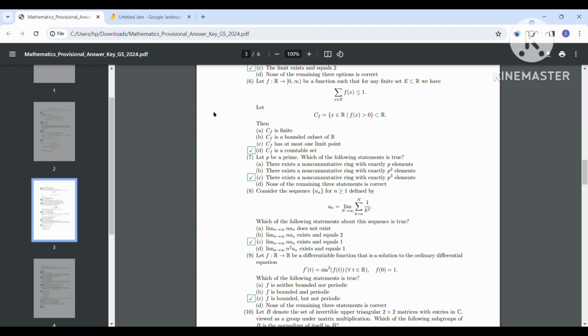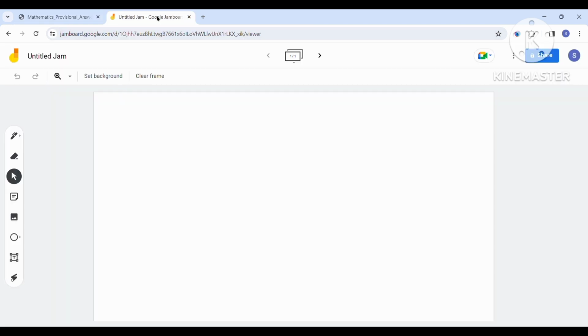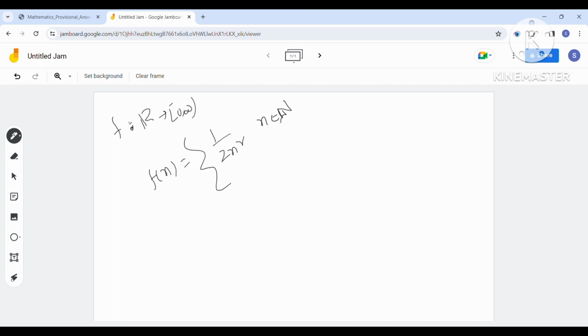Since there is no restriction given on f except this summation condition, you can define a function f from R to [0, infinity) such that f(n) is 1 by 2n square when n is a natural number, and 0 otherwise.